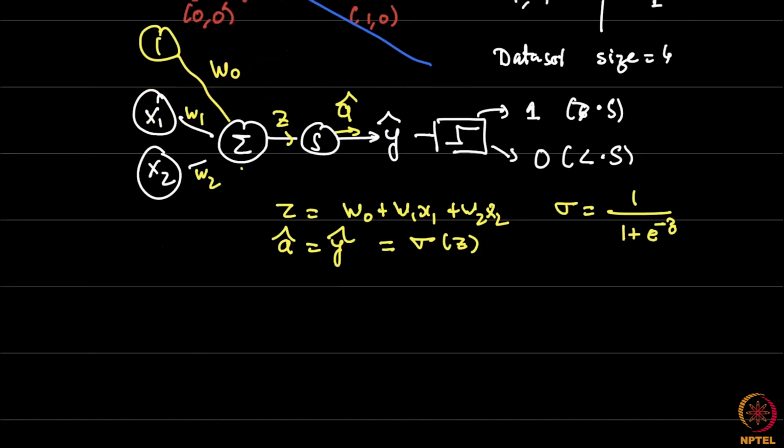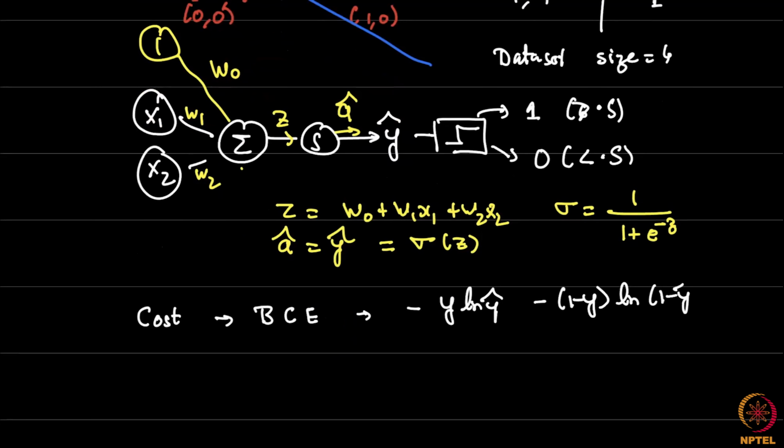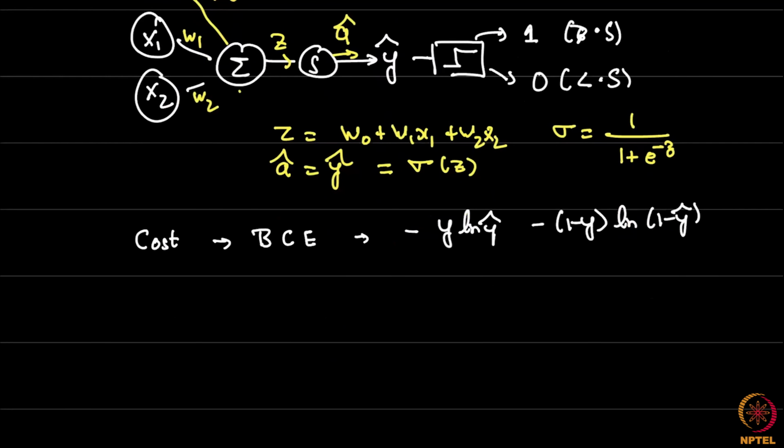Finally, we had our cost function. This was the binary cross-entropy cost function, and that was given as minus y ln y hat minus 1 minus y ln 1 minus y hat. Recollect that we had the calculation that del j, del z, if you calculate it, always comes as y hat minus y.